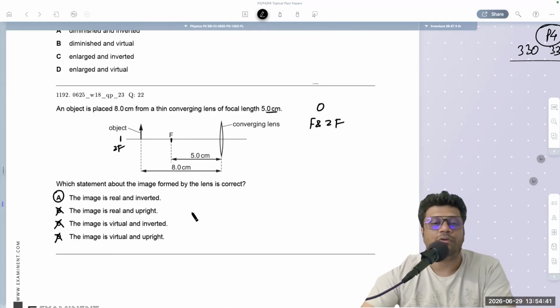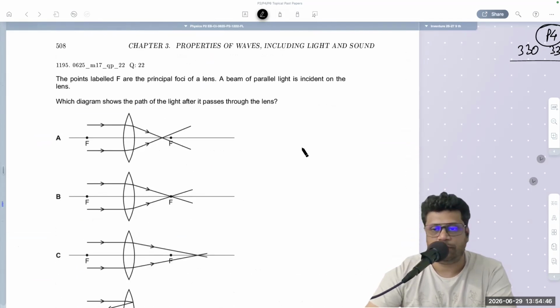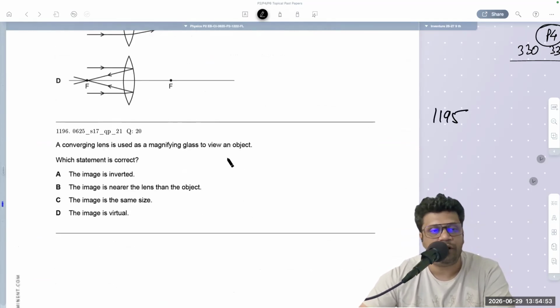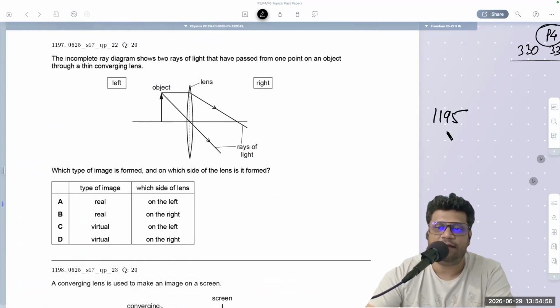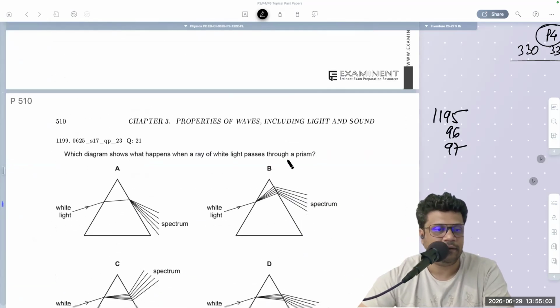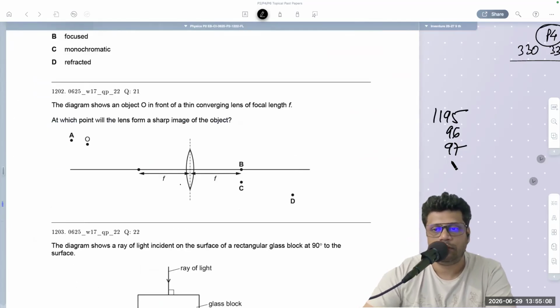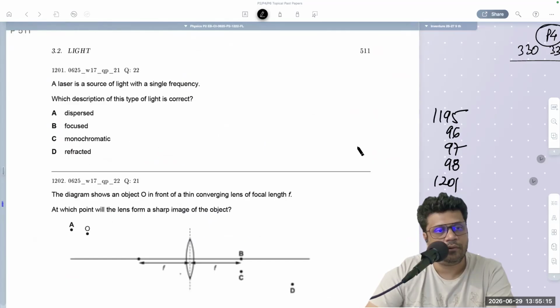So those were a few questions that you wanted to check out, and we're gonna give you a few of them. 1195, you can go do this one. 1195 from the P2 book. You can go 1196, 97. These are all from lenses. 98, 1201. Oh no, 1202.